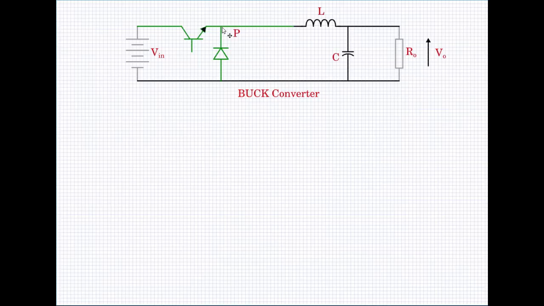Now the pole voltage Vp is a very important waveform that you should understand, because it will help in rating the voltage of both this diode and the transistor.